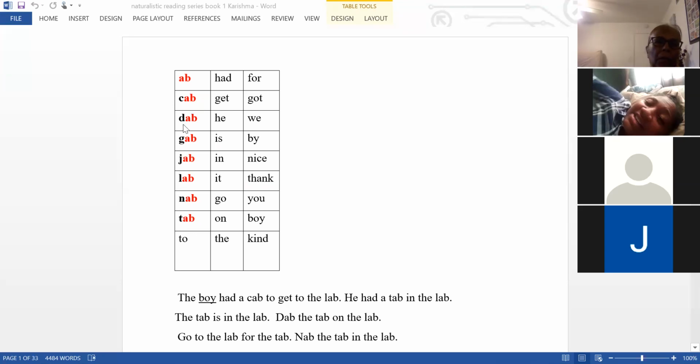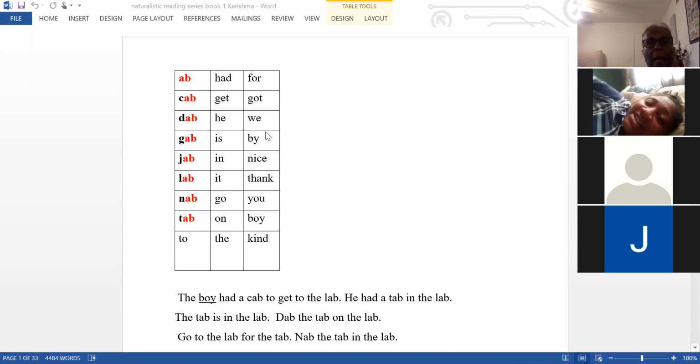K-ab, D-ab, G-ab, and they go on. They just don't say kab, dab, gab, because when they're ready to read, honey, they're making mistakes. So when they learn to sound it, when they reach the reading passage, and they don't know the words, they could sound the 2 parts and get it out.